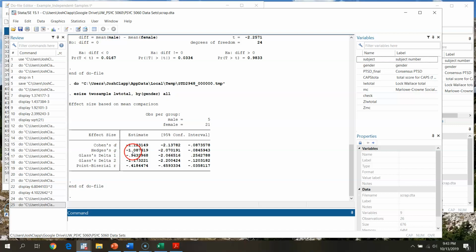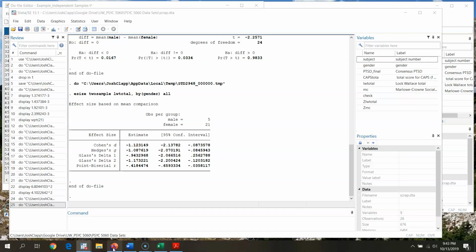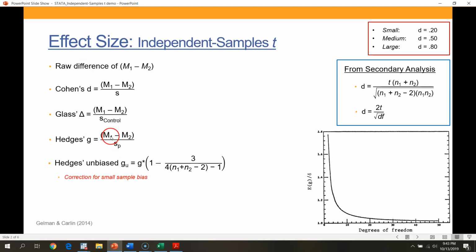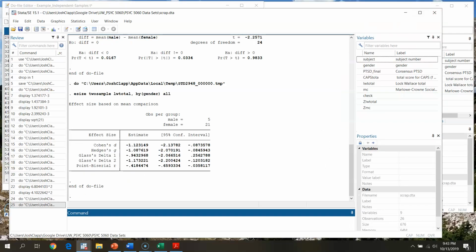Okay, and this makes some sense if we think about it. Remember, Hedges' g is just our difference between our two samples over the pooled standard deviation, and our unbiased g includes a correction for small samples. If I take a look at my point estimate for my effect size for Hedges' g, and then I take a look at unbiased g, we see that this one is smaller than this one.